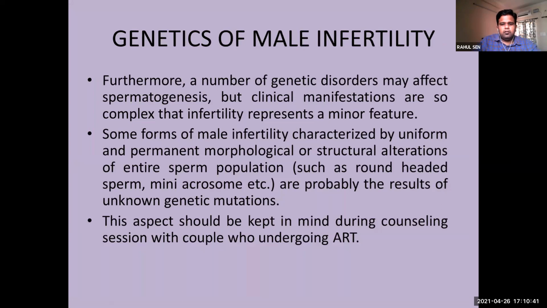Furthermore, a number of genetic disorders may affect spermatogenesis, but clinical manifestations are so complex that infertility represents a minor feature. Some forms of male infertility, characterized by uniform and permanent morphological or structural alterations of the entire sperm population, are probably due to unknown genetic mutations.